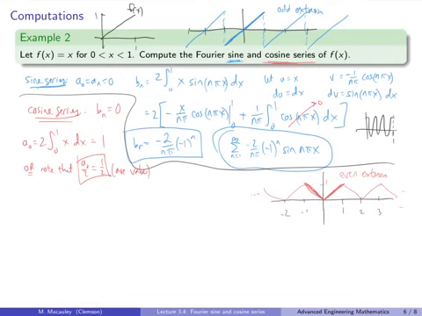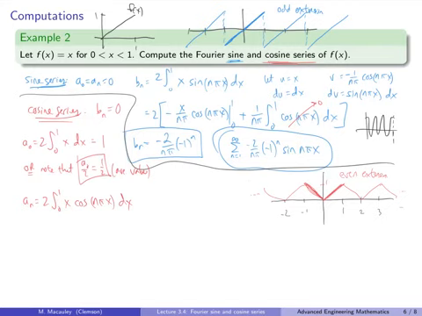Okay, now let's compute an. So an is 2 times the integral from 0 to 1 of the function, which is defined on 0 to 1, it's x, so x cosine of n pi x over L, L is 1, times dx. So this is also integration by parts.